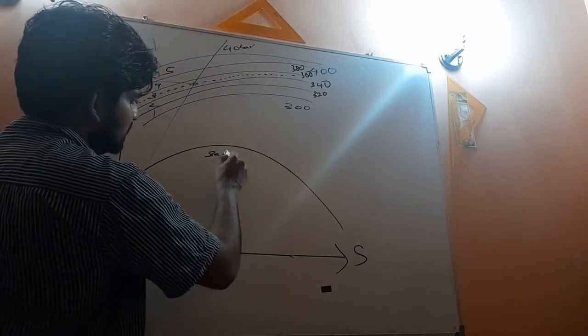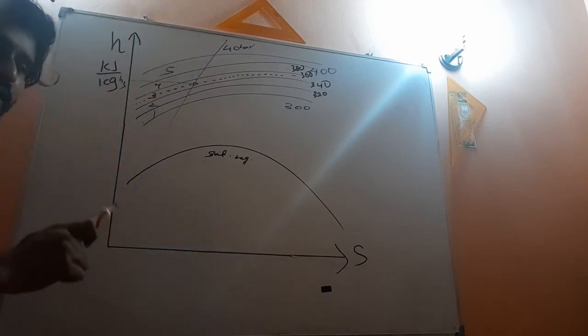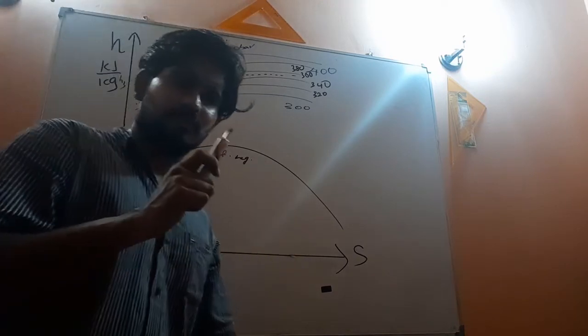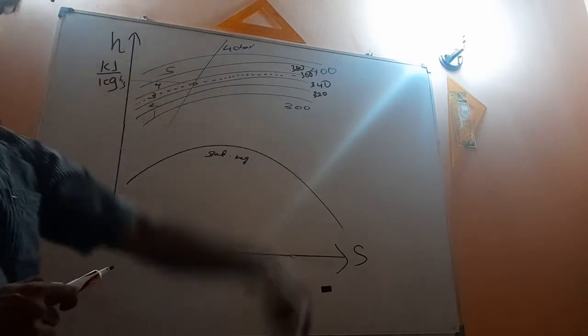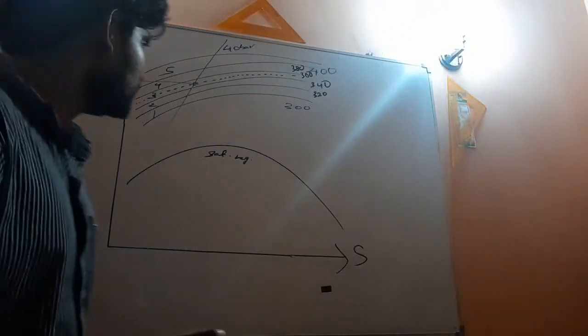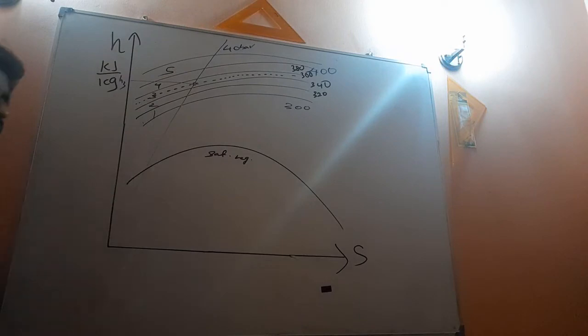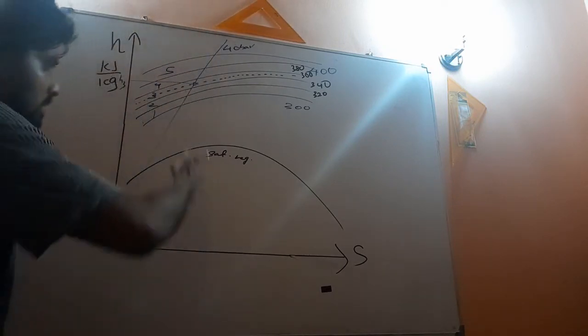Because in this problem it is clearly said the first expansion stage is processed until the steam is dry saturated steam. The expansion of the first turbine is processed until the saturated line.